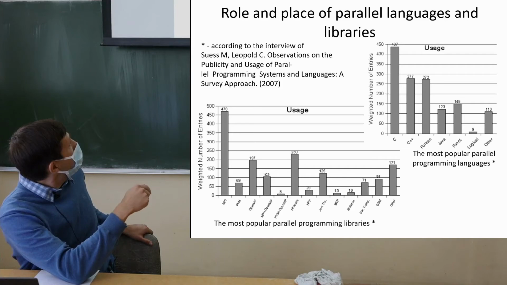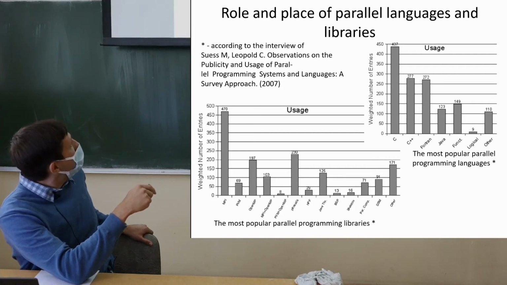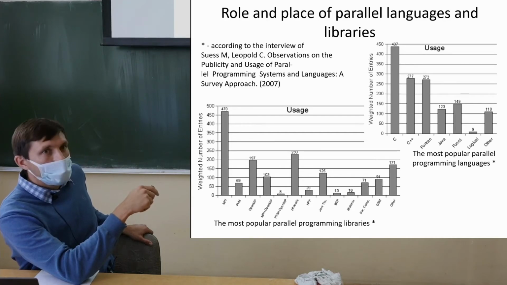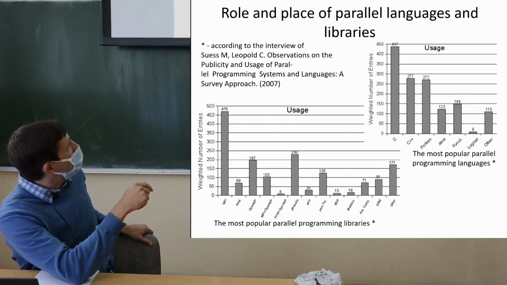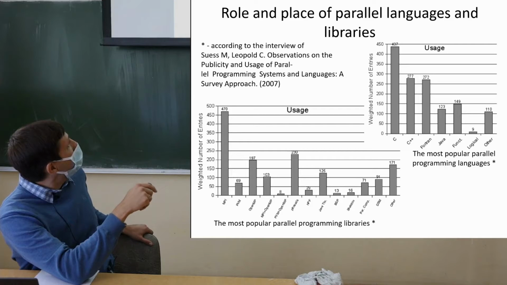And you can see here on the first place is MPI. After that, pthreads. After that, OpenMP. I think the situation now is approximately the same. So we will deal with C, the first place, and the first three places we will also study.